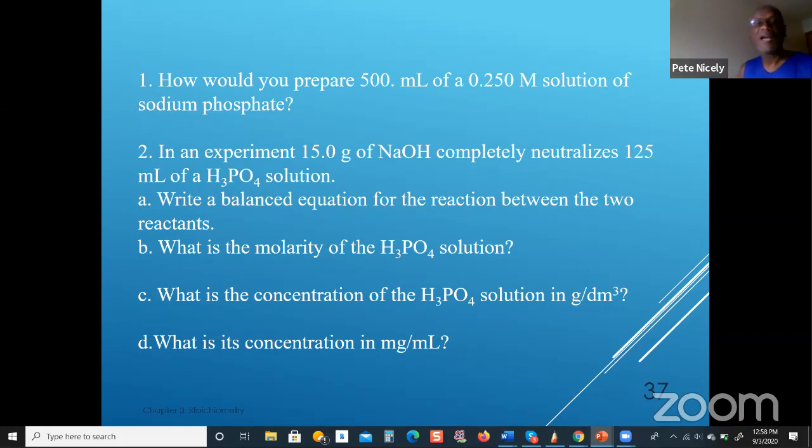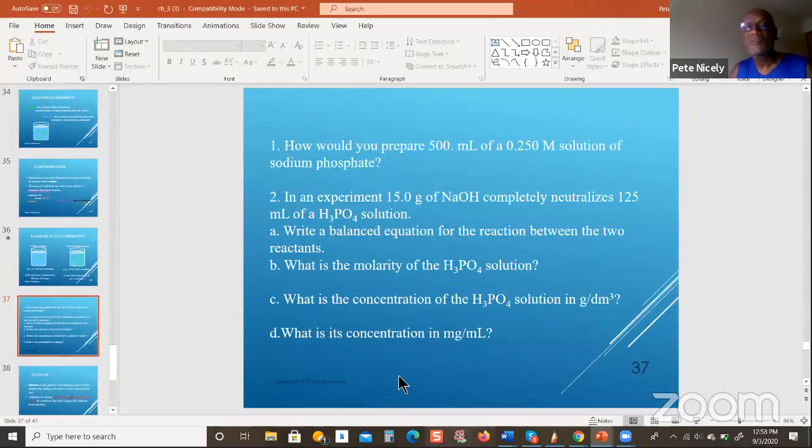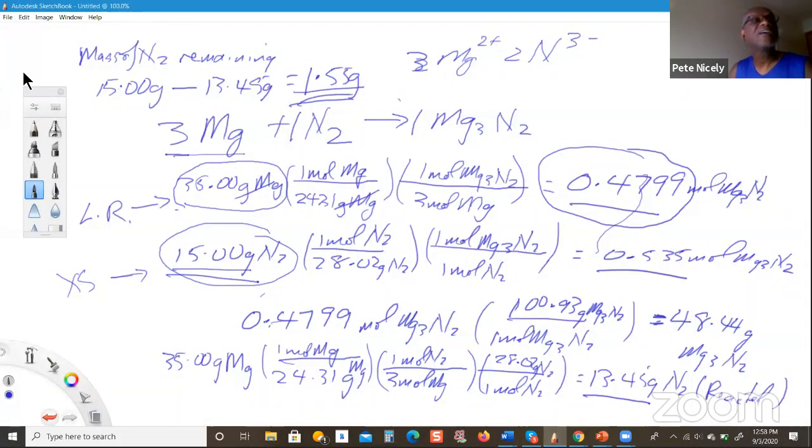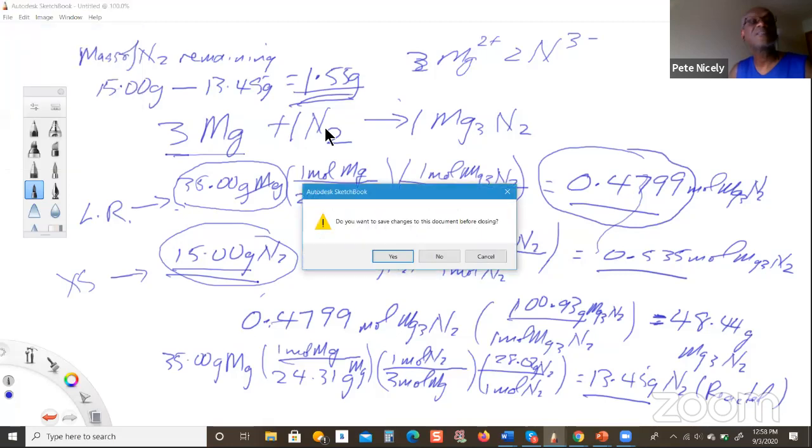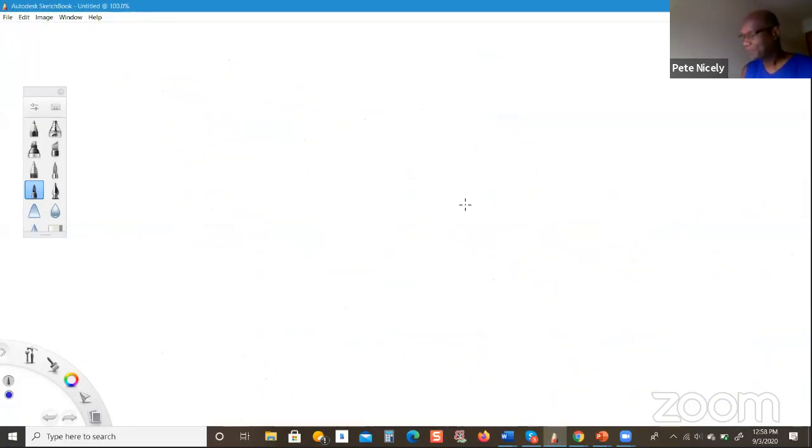Okay, so let me get out of this and go to my writing pad here, and eliminate all of that. Okay, so the first question says, how would you prepare 500 ml of a 0.250 M solution of sodium phosphate? This is something that is done routinely in labs all over.